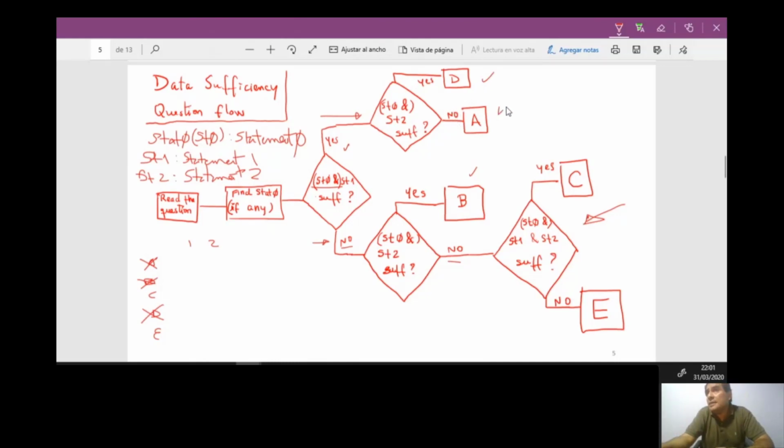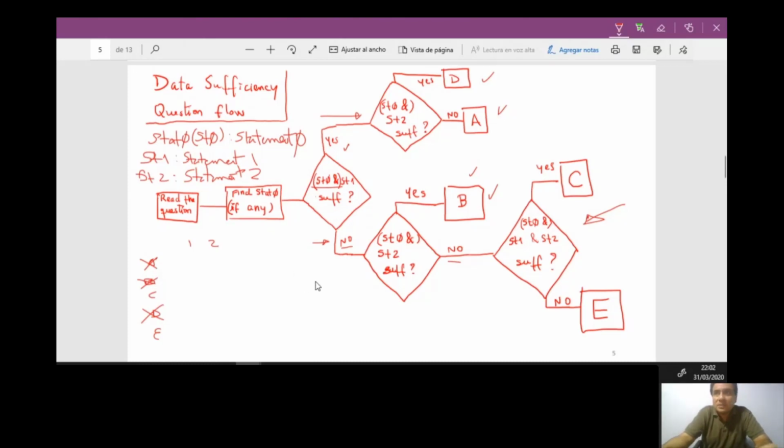You have A, D, or B. So you can never evaluate them together if any of them or the two of them are sufficient. You can only put them together when the two of them are not sufficient independently.